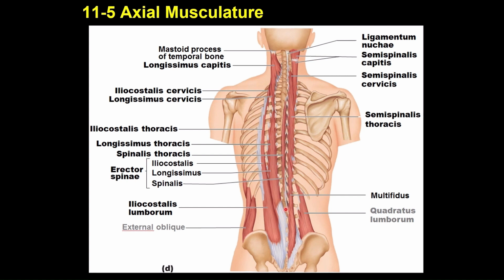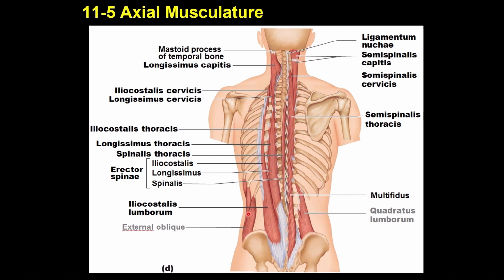You also have the multifidus. This muscle also causes extension of the spine. And then you have a couple of other muscles that I put in gray because these are not erector spinae muscles. One is called quadratus lumborum, and this causes flexion of the spine.